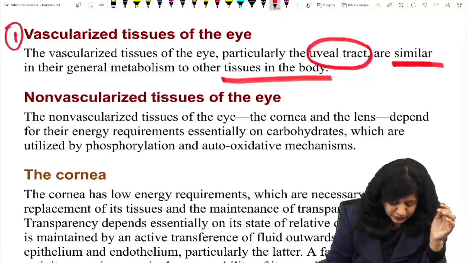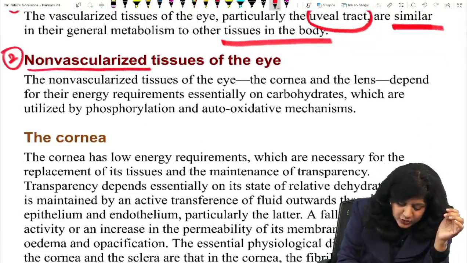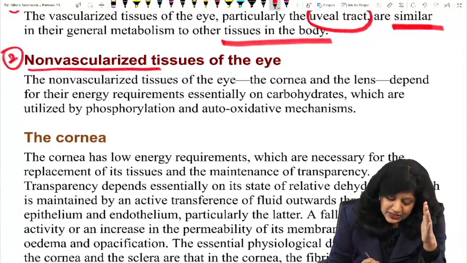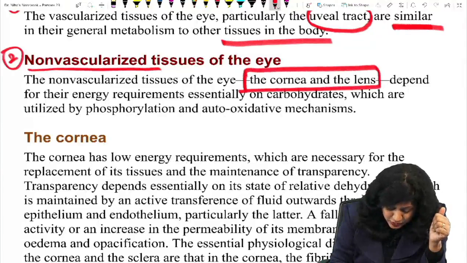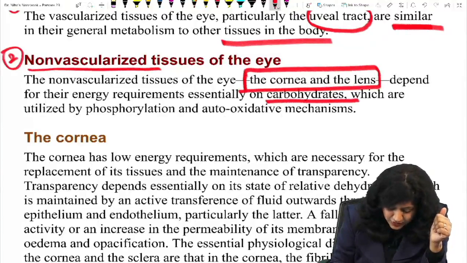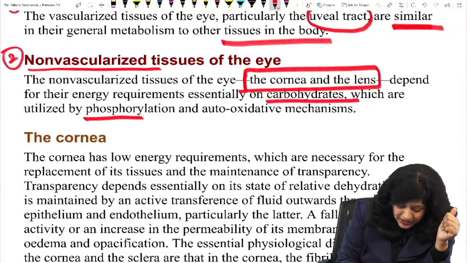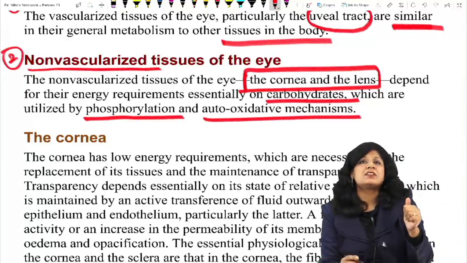It's not very different. But if I talk about number 2, that is your non-vascularized tissues, these tissues are mainly your cornea and the lens. So they depend for their energy requirements essentially on carbohydrates, which are utilized by phosphorylation and auto-oxidative mechanism.